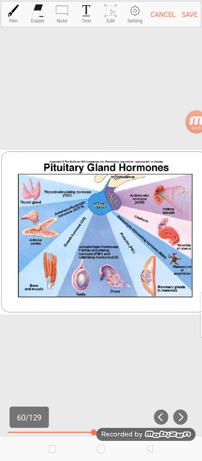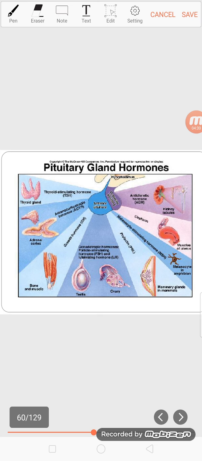This picture shows you all types of hormones secreted by the pituitary gland, and the hormone secreted by the pituitary gland will react to other endocrine glands, the second endocrine gland. Let's see here, the thyroid stimulating hormone, TSH, secreted by the anterior pituitary, the blue color over there.